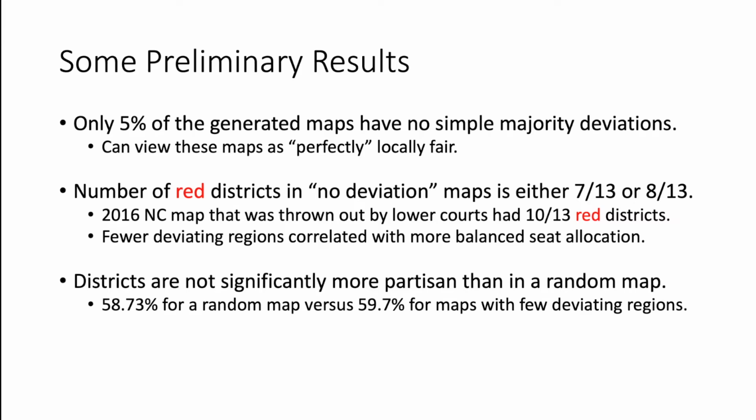It's around 58% majority for a district in a random map, versus 59.7% majority in the remaining minority for a map with very few deviating regions. And we have obtained qualitatively similar results for Texas and Pennsylvania.